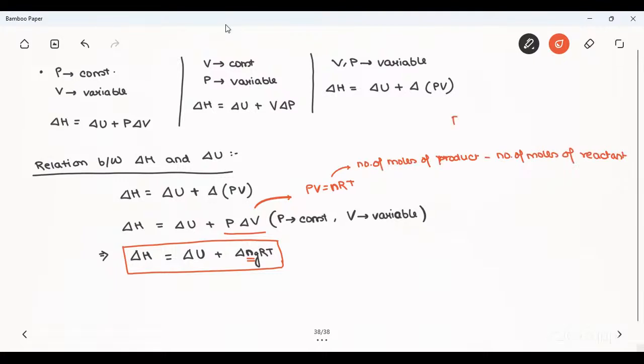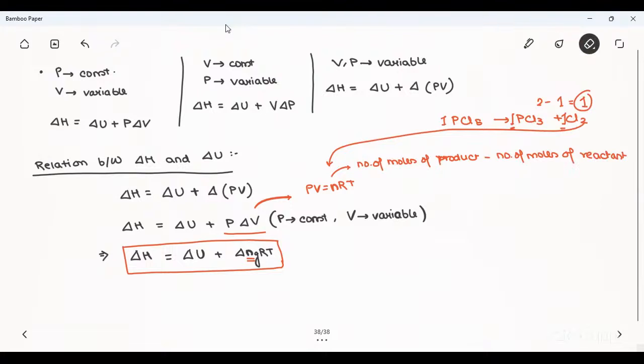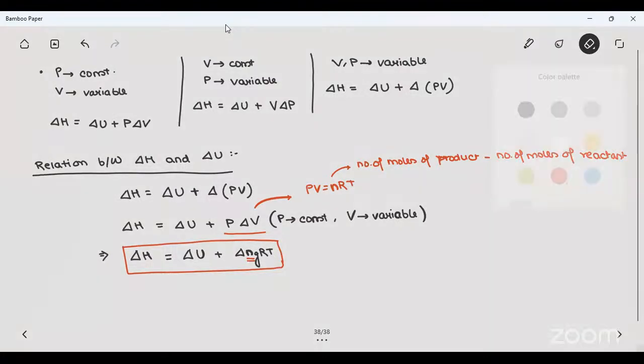If we write PCl5 going to PCl3 plus Cl2, here 1, 1. These are the moles. So 2 minus 1, so this is 1. This 1 is delta n_g. Is this part clear? Yes, ma'am. Okay, I am rubbing this out, you don't need it here. I said this just to make you understand.